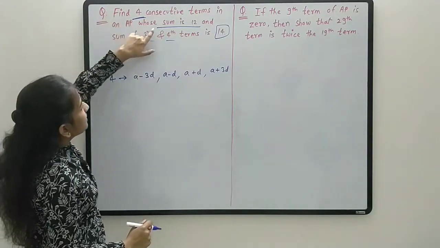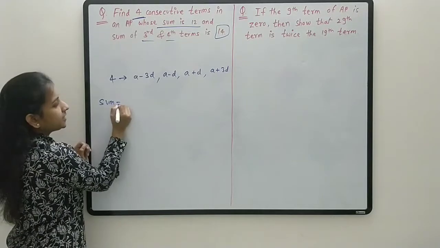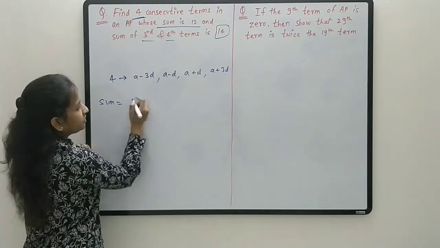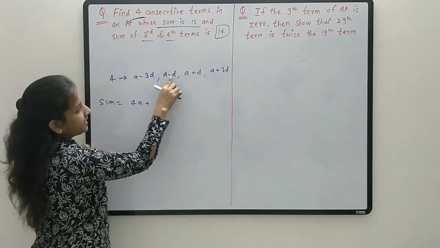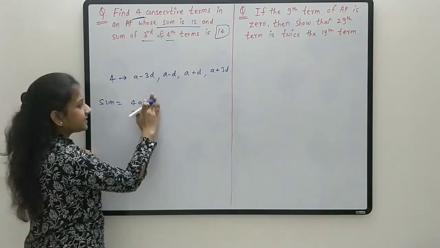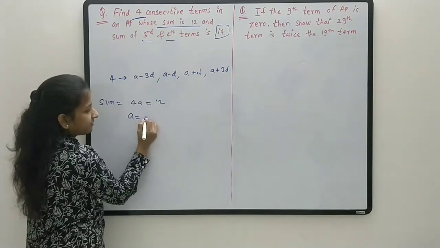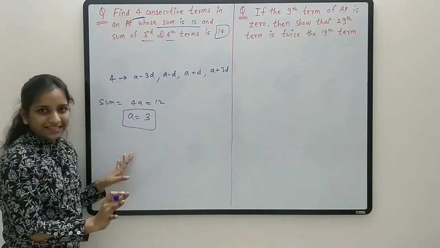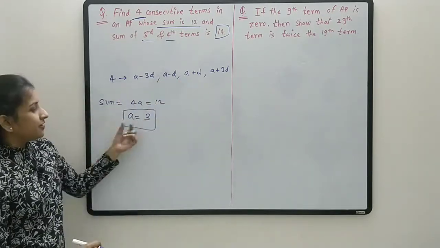Now we have taken the 4 terms of the AP like this. Then what is given? The sum of the 4 terms is 12. When you add all these terms, you will get 4a plus minus 3d minus d, and here plus d plus 3d. The d terms get cancelled. So 4a is equal to 12 and a is equal to 3. Understood the purpose of taking these terms? Now we got a.